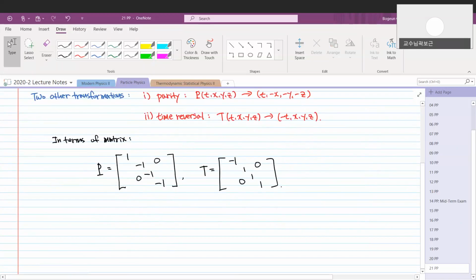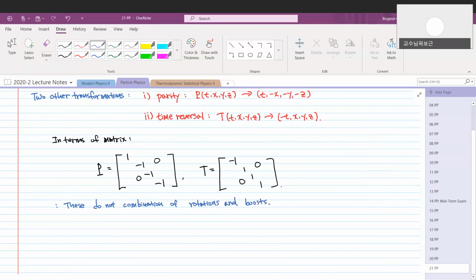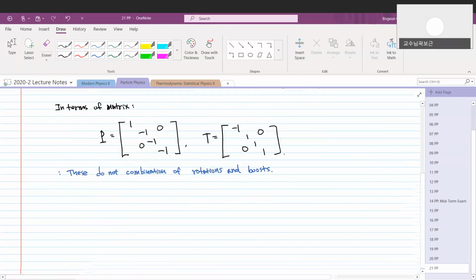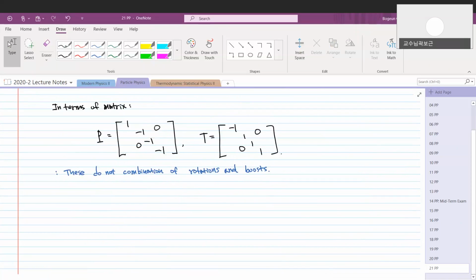But the important thing about this one is that it is not a combination of rotations and boosts.